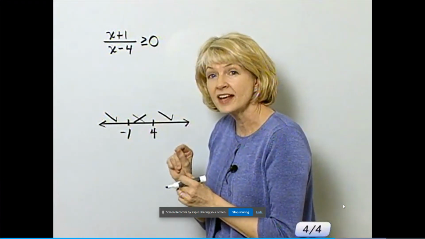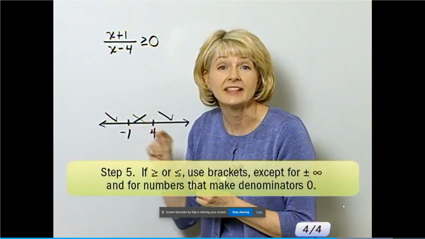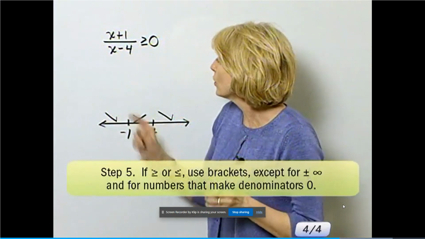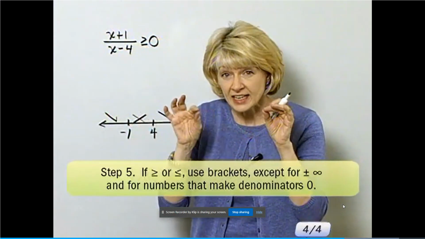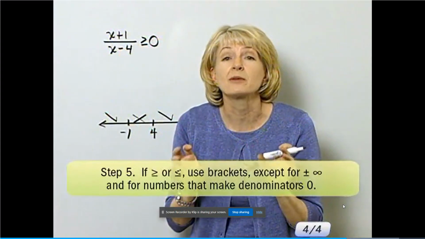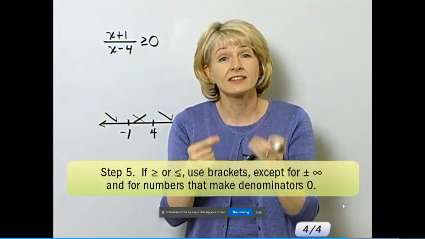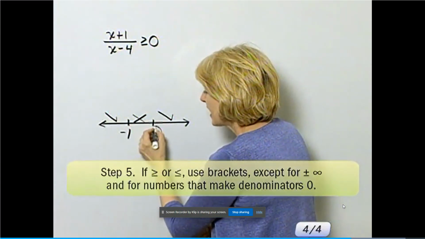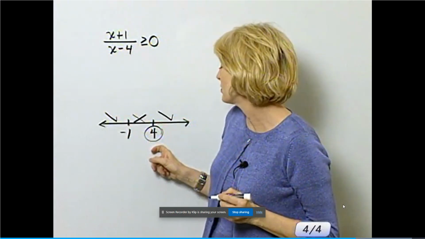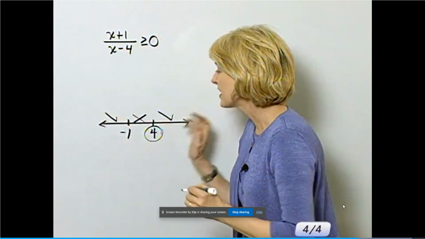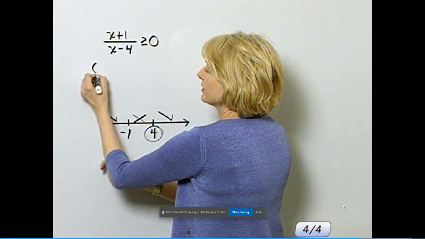Now, let's write down the solution set in interval notation. Normally, with greater than or equal to or less than or equal to, all the endpoints of the intervals get brackets, except this can never get a bracket. We cannot include 4 in our solution set. So let's write things down from left to right.